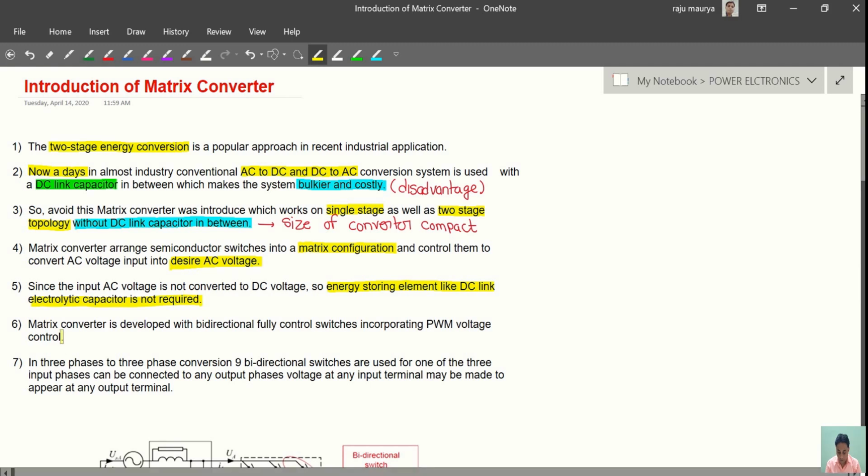In a matrix converter, bidirectional fully controlled switches are employed to incorporate PWM voltage control.